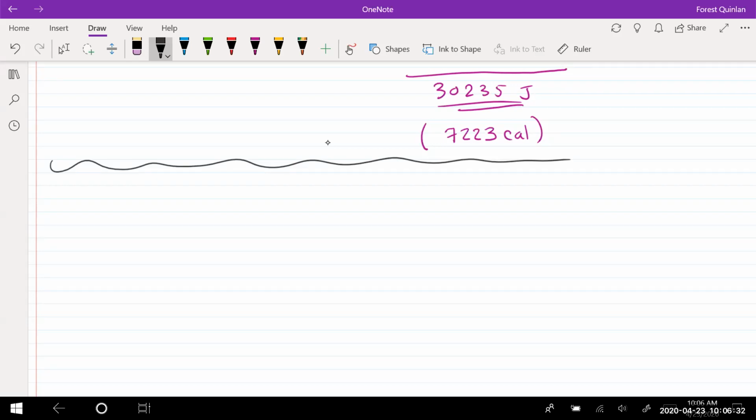Okay. So let's do another one here. We have a 250 milliliter glass of water.